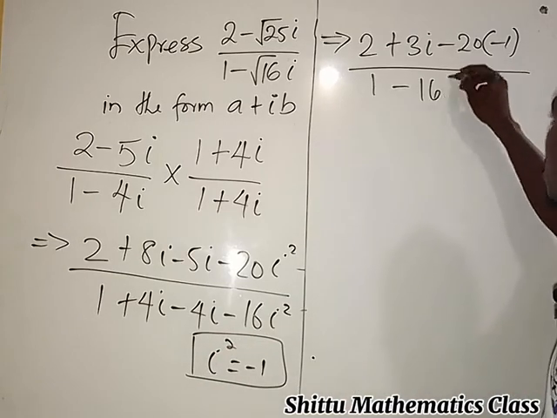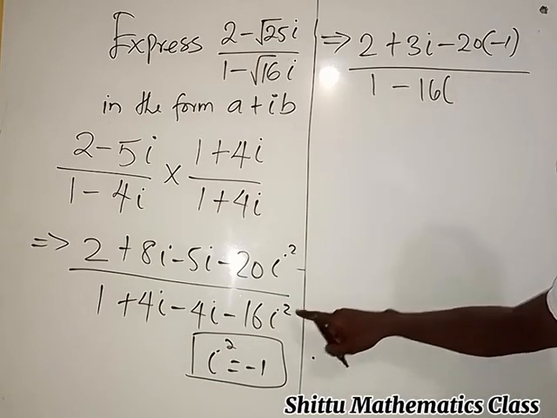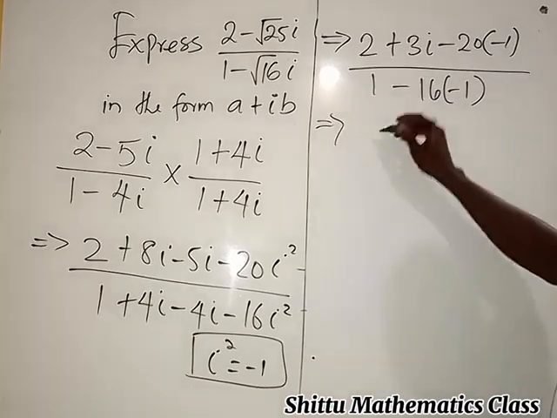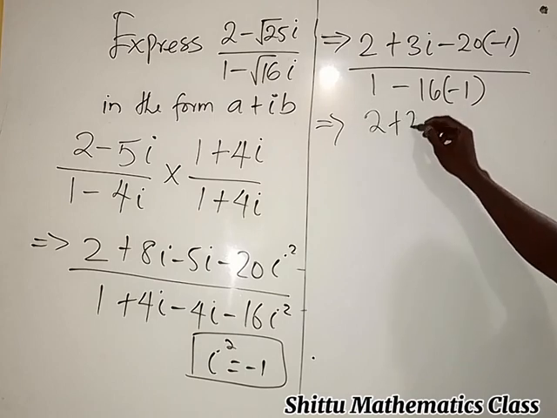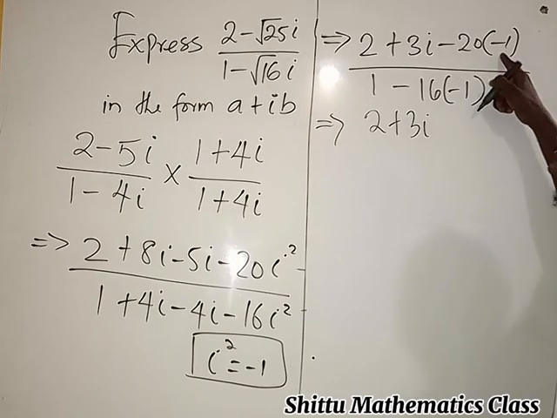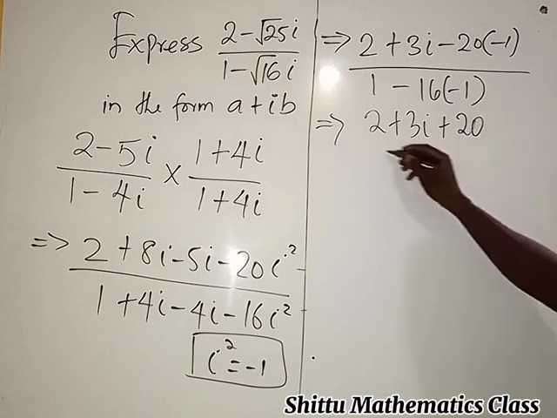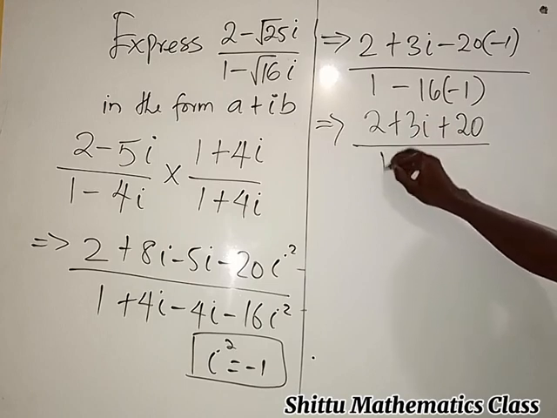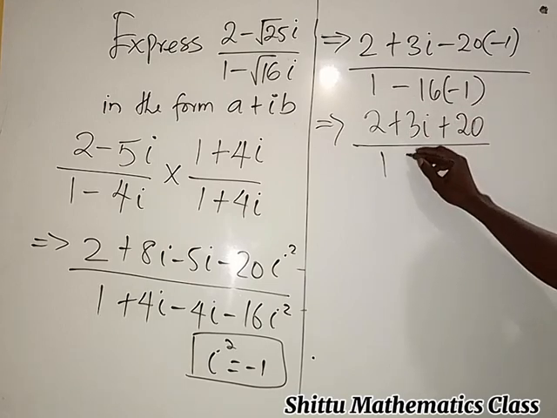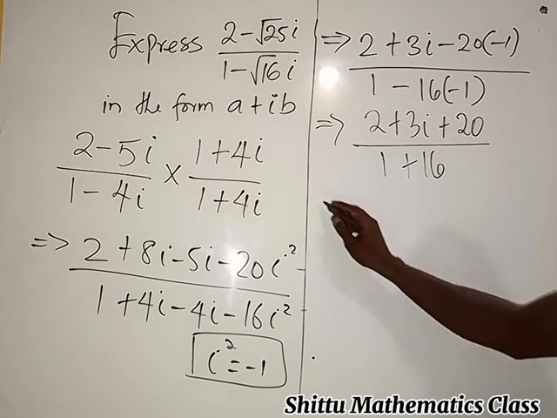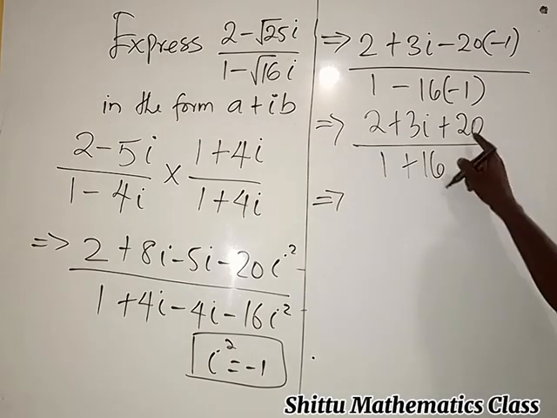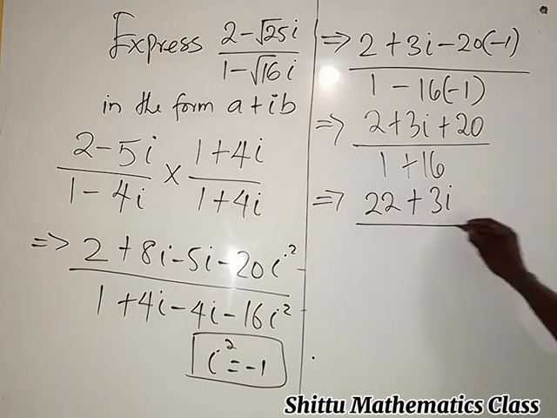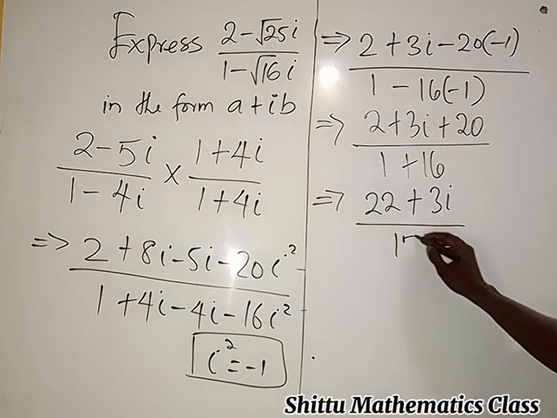I have minus 16 times i squared, which is minus 1. So now I have 2 plus 3i plus minus minus, we have plus 20, then divided by 1 times this, we have plus 16. So this is going to be 2 plus 20, we have 22 plus 3i, then divided by 17.